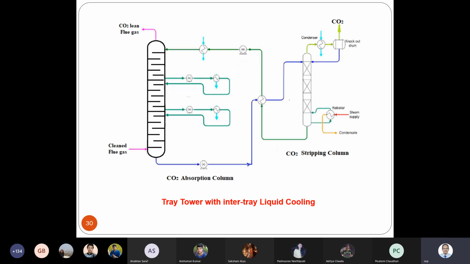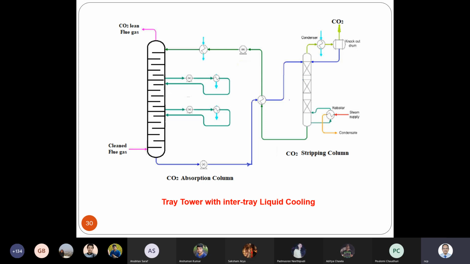Here, say another arrangement, another cooling at the lower location.